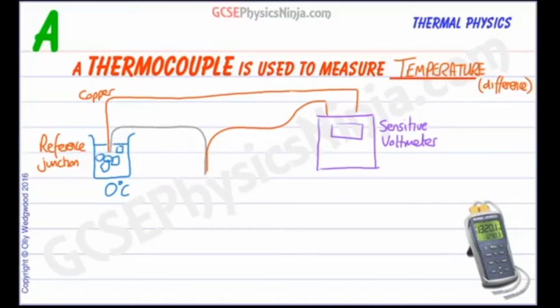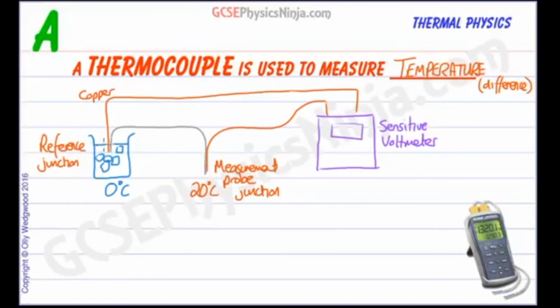The second junction is our measurement probe junction. That's the junction that we're going to measure with. So let's say that that's at room temperature, say at 20 degrees Celsius.